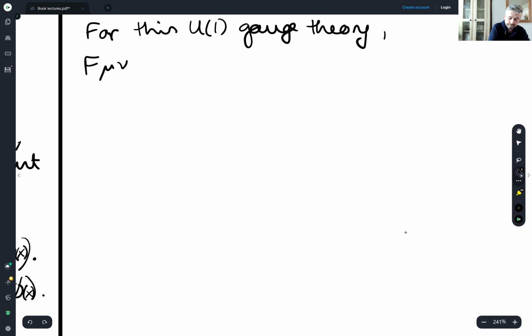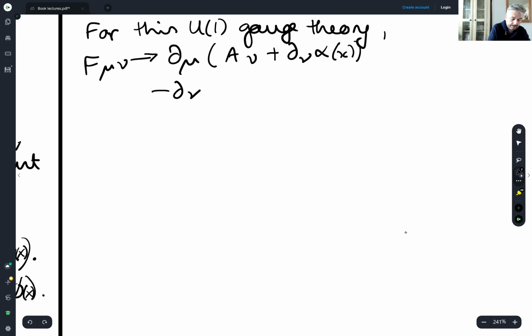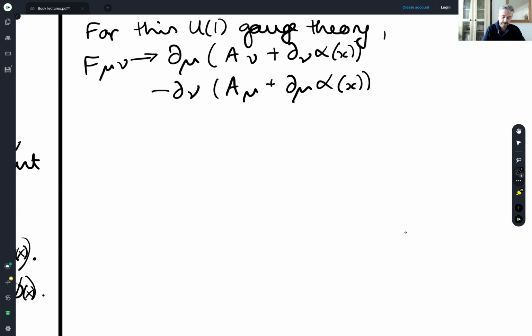So F mu nu goes to d mu of A nu plus d nu alpha, minus d nu of A mu plus d mu alpha of x. Okay, so what happens is that these two terms cancel and we just get that F mu nu is invariant.